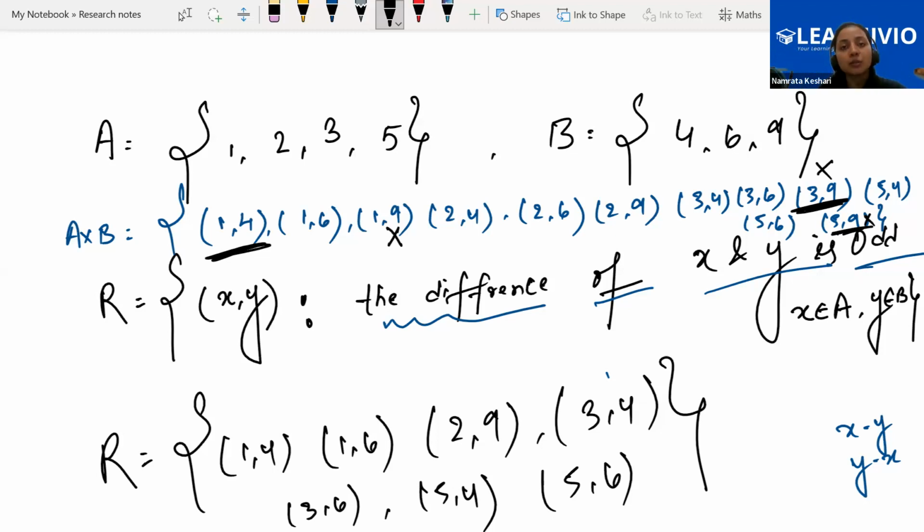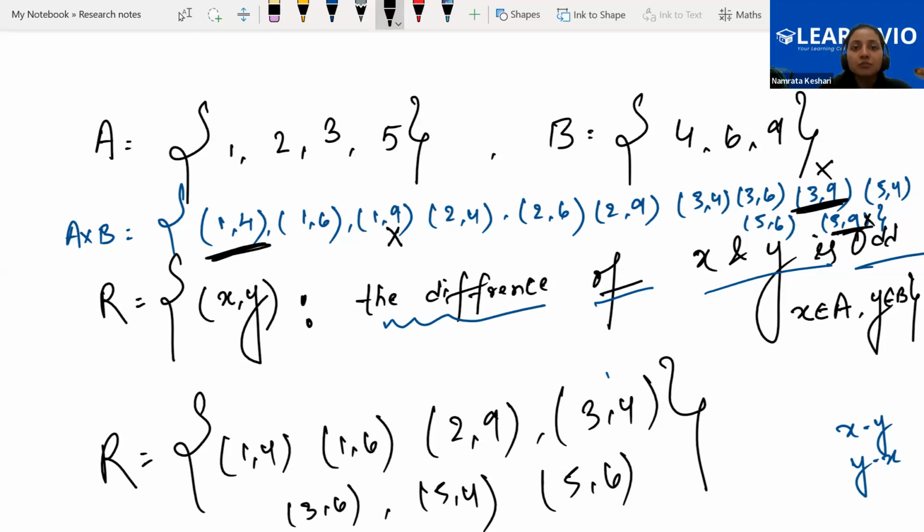Every fractional number is called a rational number. That way it became so simple. Similarly here, in your book the definition says relation is a subset of the Cartesian product. But exactly you can see over here that we are taking elements from the Cartesian product only, but all the elements we are not allowed to choose due to the given condition, due to the given relation.